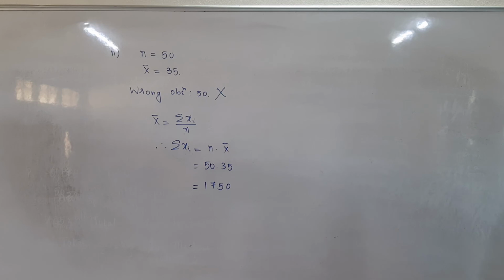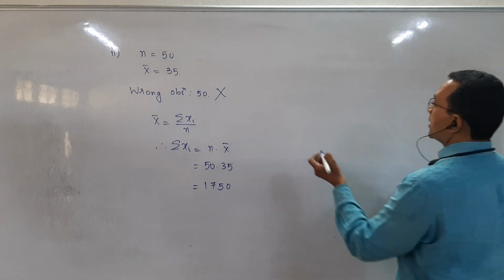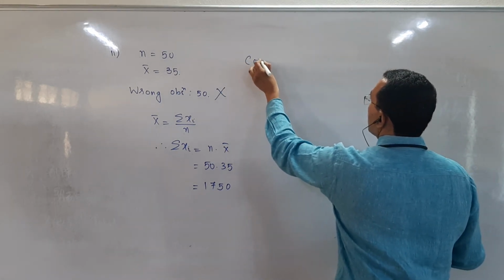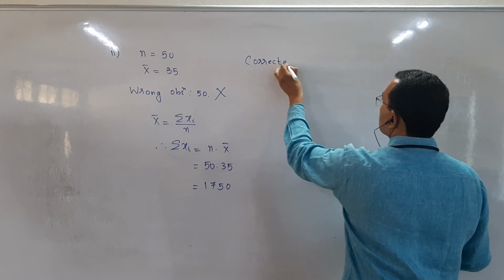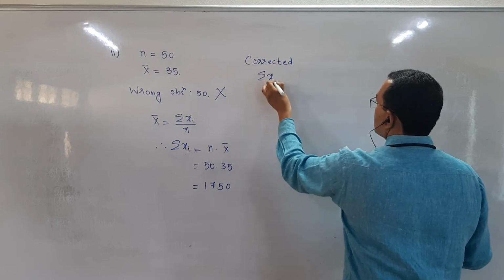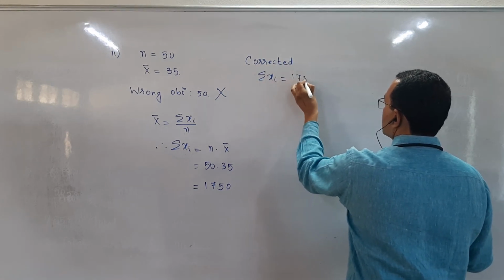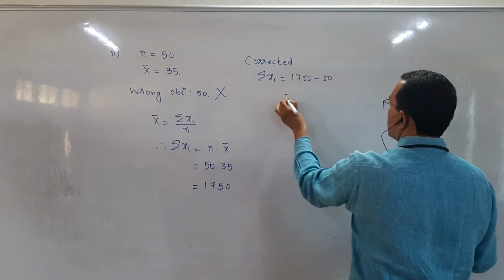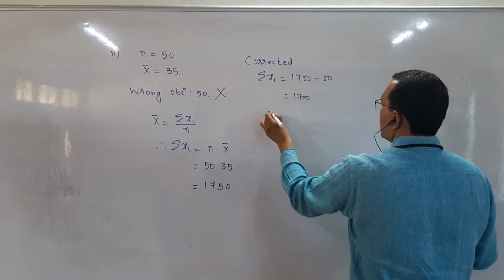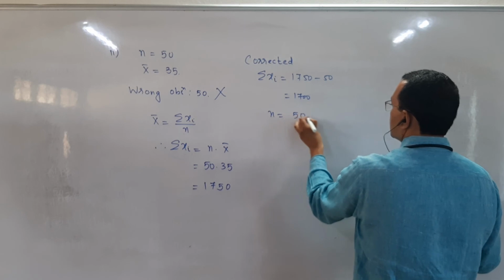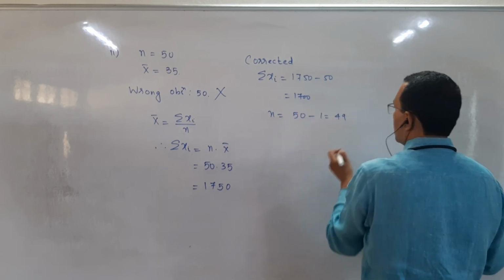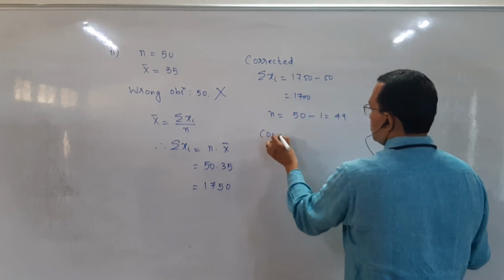Now students, remove 50. So corrected sigma xi will be 1750 minus 50, so 1700. And number of observations changes from 50 to 49.